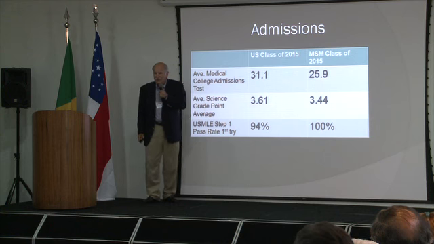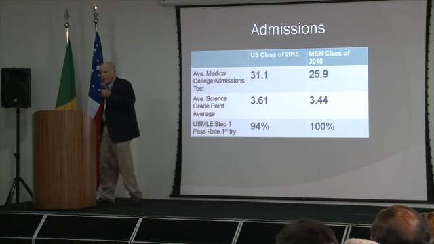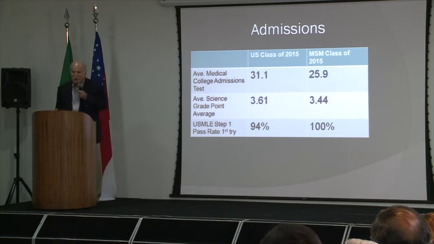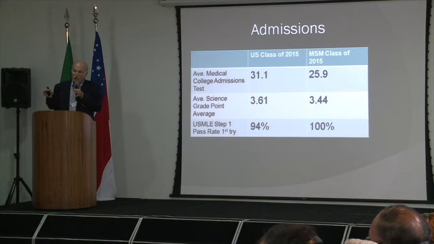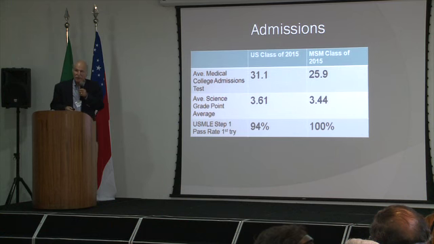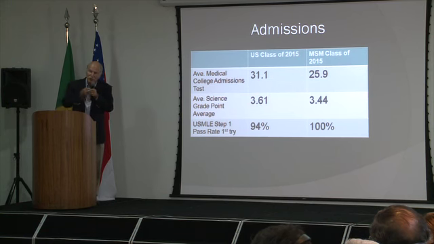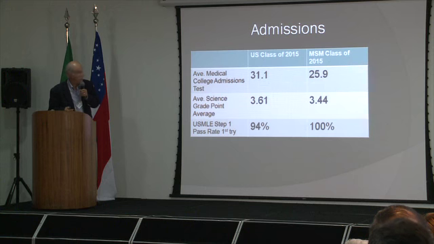But on their first shot at a National Board of Medical Examiners examination, the U.S. Medical Licensing Examination, Step 1, they did better than the national average. So you can take applicants who do not have the classic grades and admissions test scores, and with a good educational program and the right kind of support, they can do just as well or better than the outstanding students who may not be consistent with the school's mission.